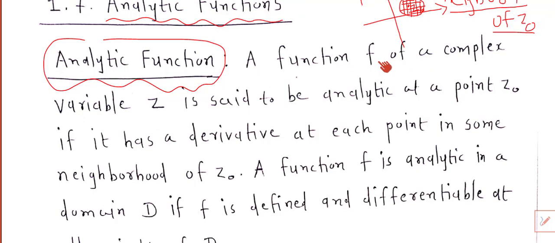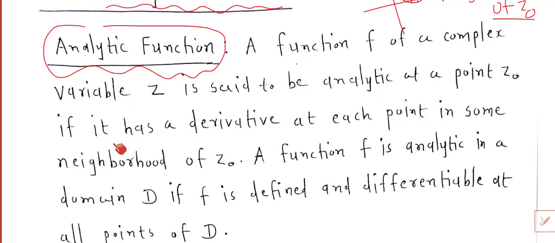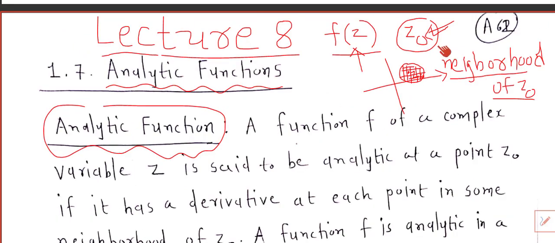A function f of a complex variable z is said to be analytic at a point z0 if the function has a derivative at each point in some neighborhood of z0, or we can say that the function is analytic at a point z0 if we can find at least one neighborhood of z0 such that the function is differentiable at every point in that neighborhood.